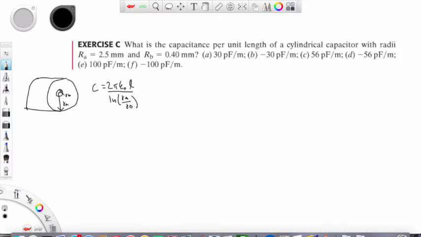And capacitance per unit length means that we want to evaluate the quantity C over L, which by moving L to this side, we are left with 2 pi epsilon 0 divided by the natural log.